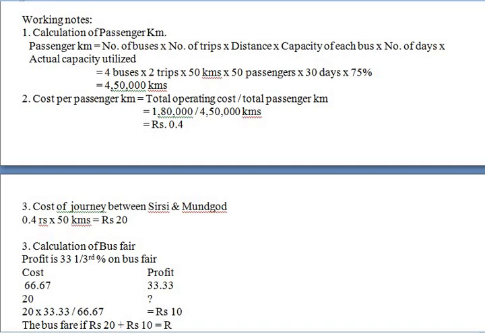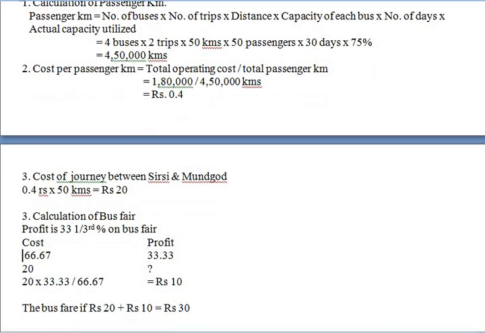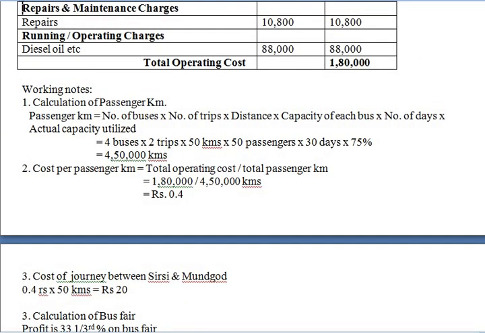So that is equals to rupees 30. Okay. Hope so everybody has understood this problem. Go through the problem, solve it again so that you will get it. So this is your fourth working note.